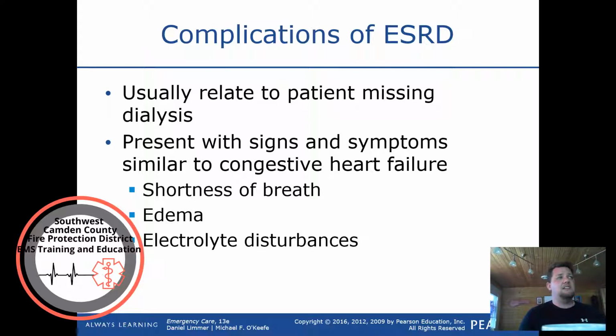So it's of utmost importance that these patients get it, because if they don't, fluid backs up because there's no way for the kidneys to excrete it and filter it, so the fluid just kind of backs up into the system, and we get shortness of breath, edema, and electrolyte disturbances similar to CHF.